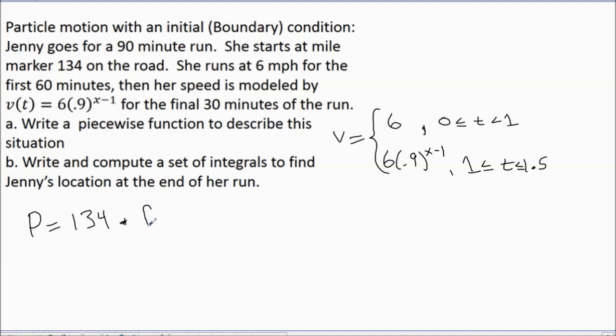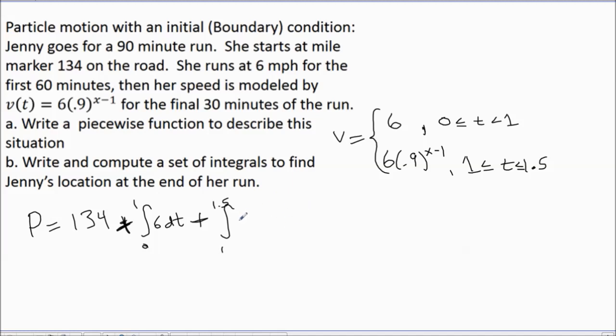First of all, she ran from 0 to 1. I'm just pulling that right off of here, by the way. And she ran at a speed of 6. And then, ooh, that's a plus sign. Plus. And then she started to slow down because, I mean, wouldn't you be tired after running for an hour? And so integral from 1 to 1.5 of, and then here we have that function.